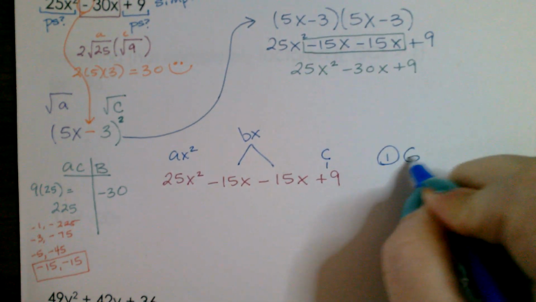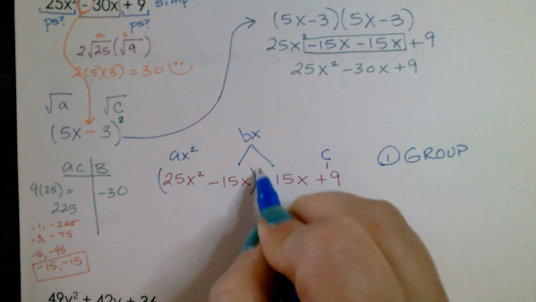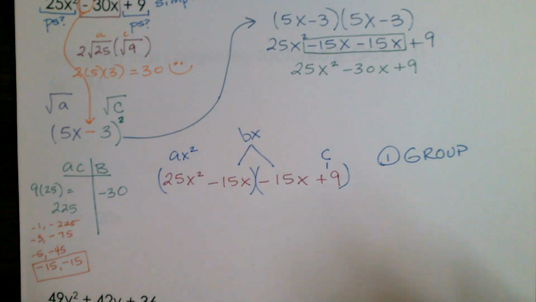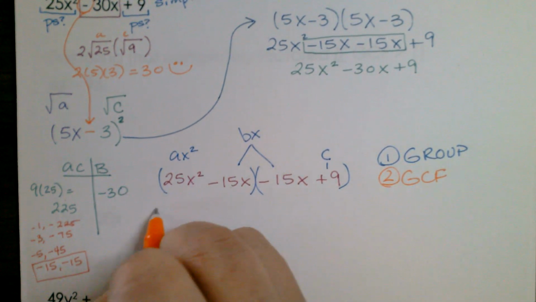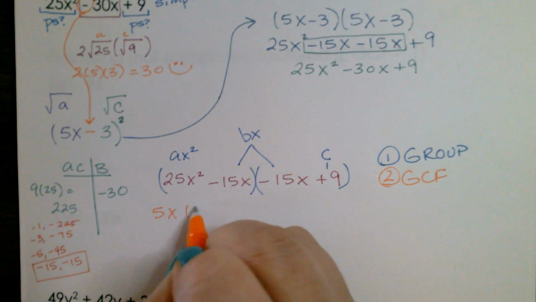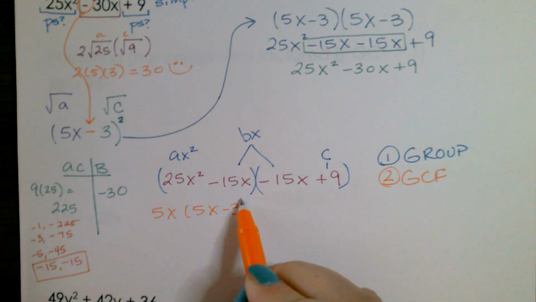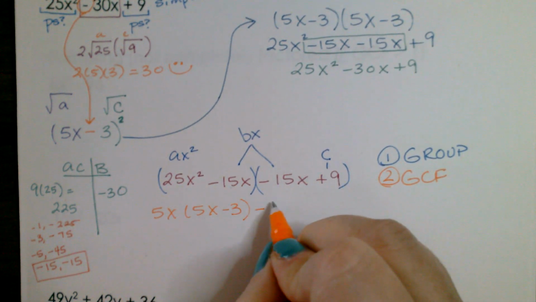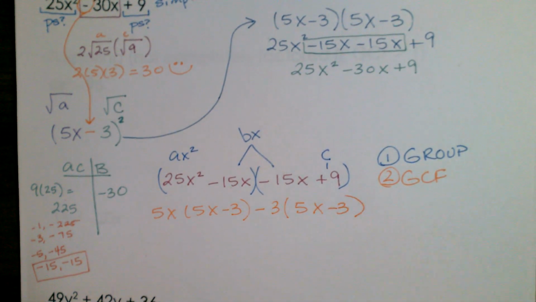Step 1, group. So I will just group. Greatest common factor would be 5x, so I'd have 5x minus 3. Ooh, I have opposite here, so I know you need to take out a negative, and I would have 3 to take out, leaving me with 5x minus 3.